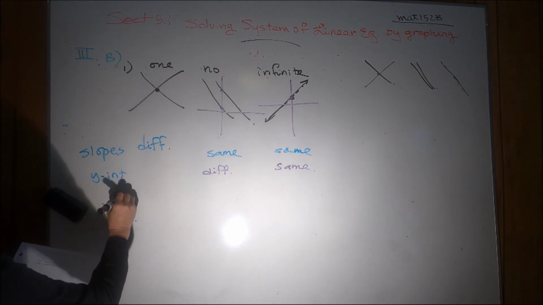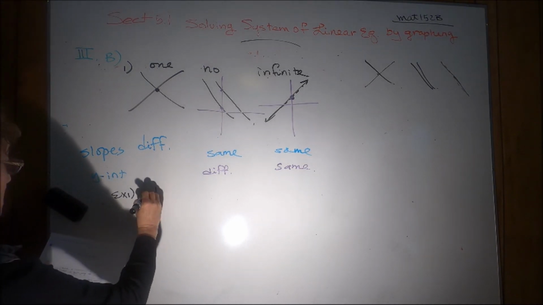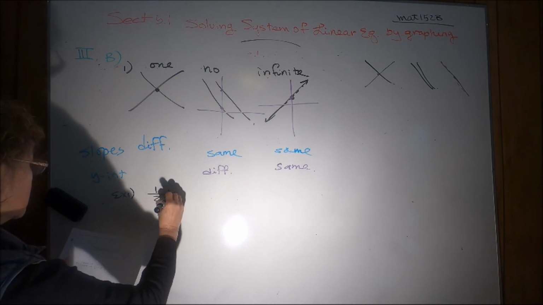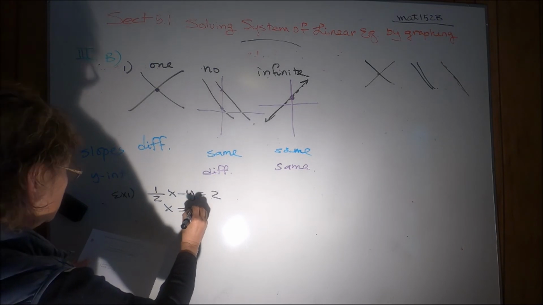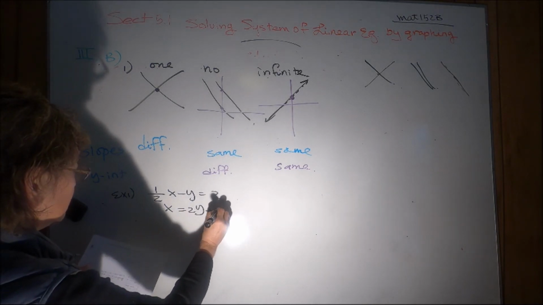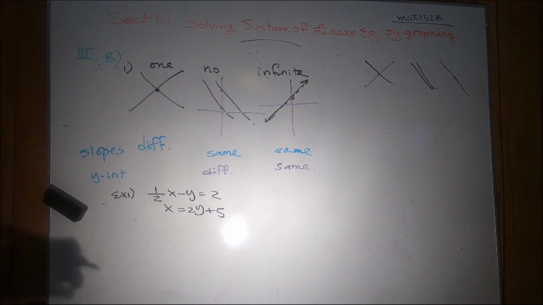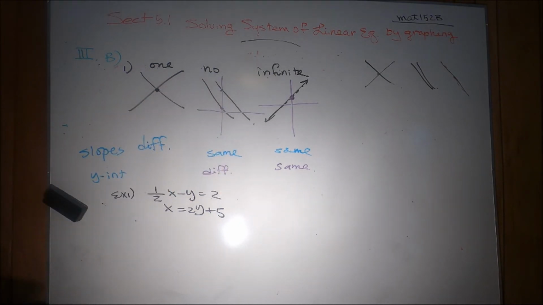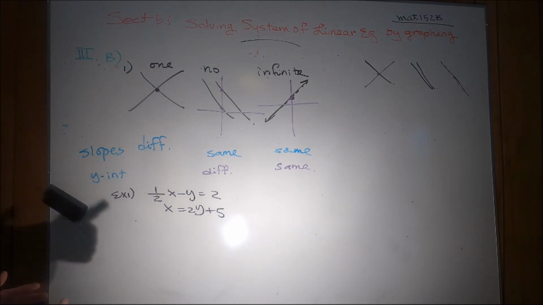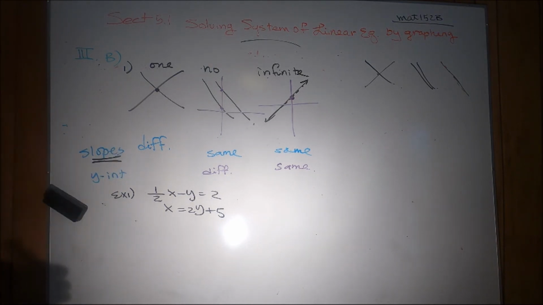So if we look at example 1, here is x minus y equals 2, x equals 2y plus 5. To decide how many solutions, how these two lines are, first we decide by the slopes.